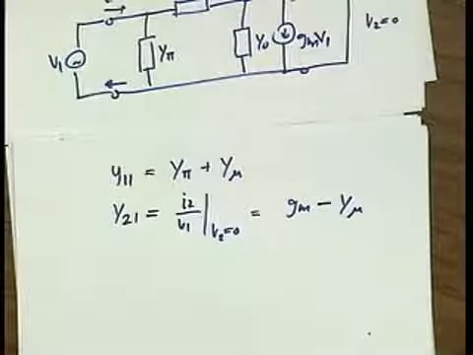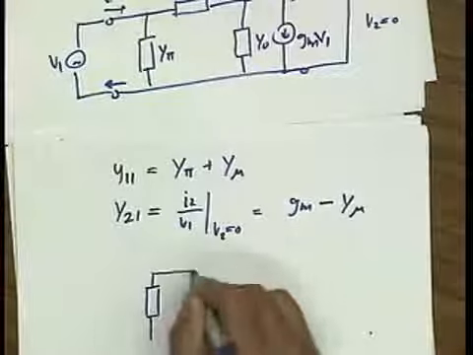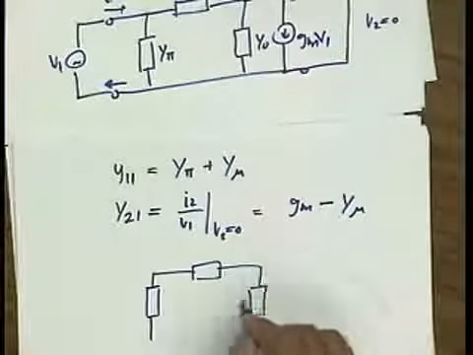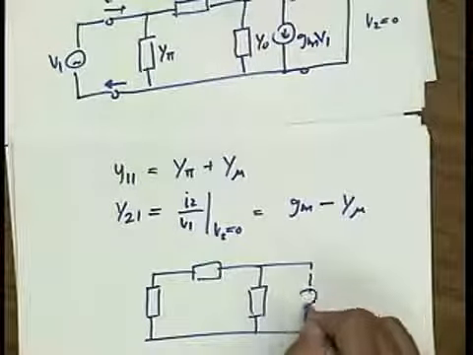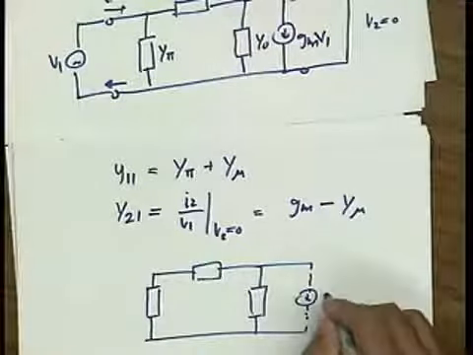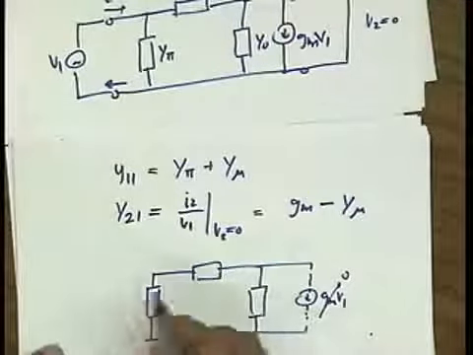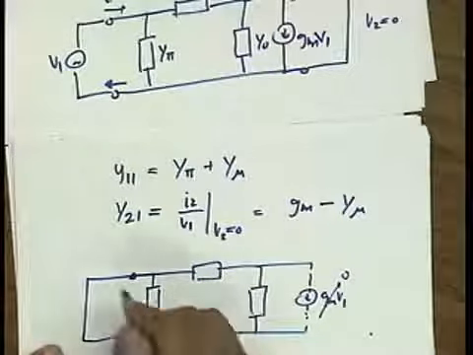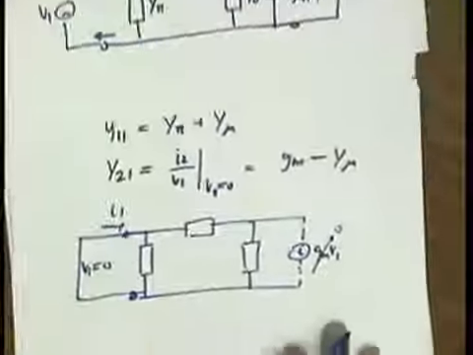Now if I do the same calculation at the output, I short the input, calculate the output admittance. First of all, notice that I don't need to include this current generator because V1 is shorted. So this is I1, this is V1 equals 0.